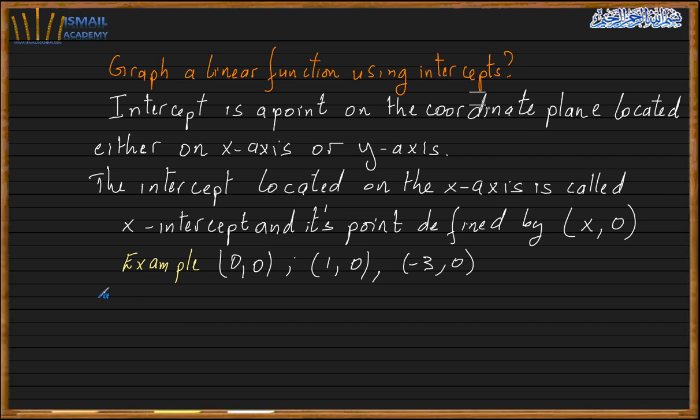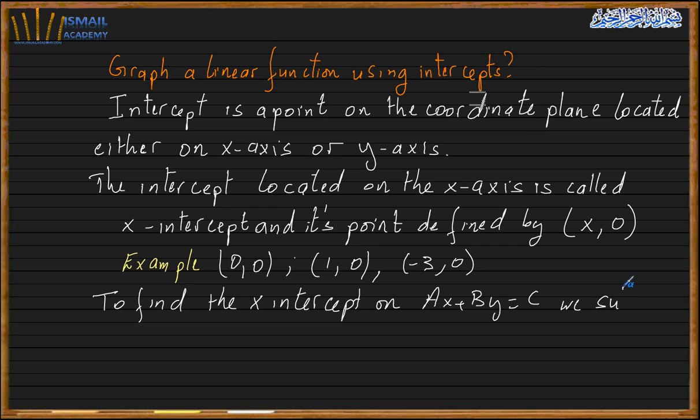Alright, now how do we find the x-intercept if we have an equation? To find the x-intercept, we substitute y by 0. That's it. So to find the x-intercept on ax plus by equals c, a linear function, we substitute y by 0.